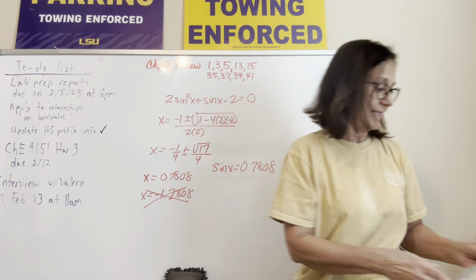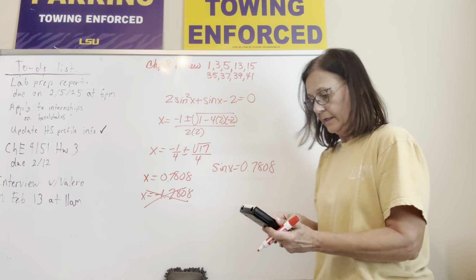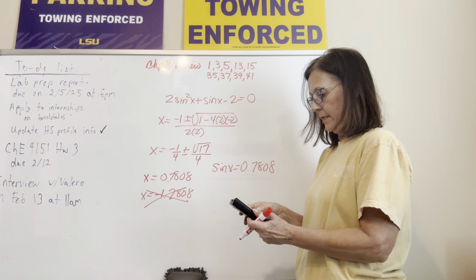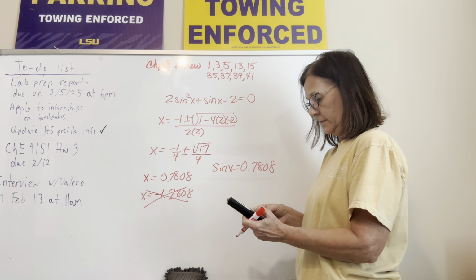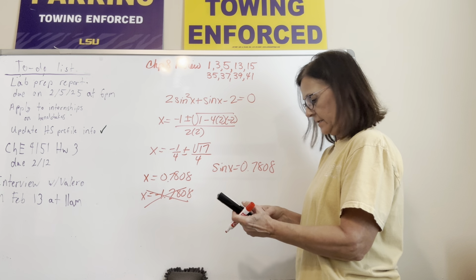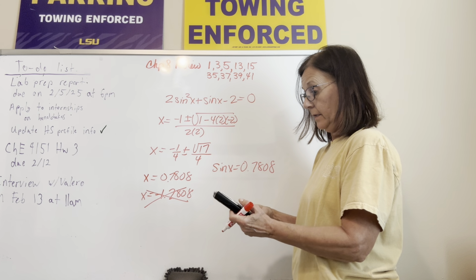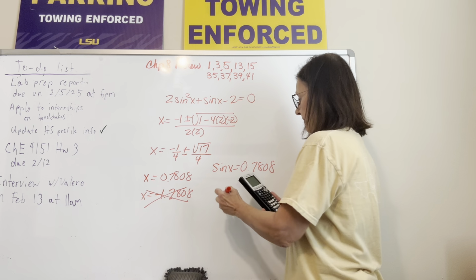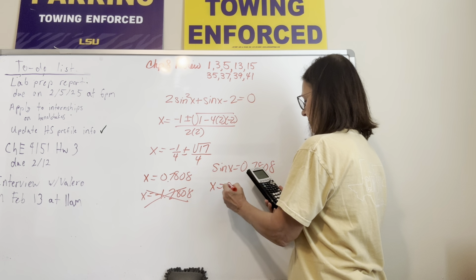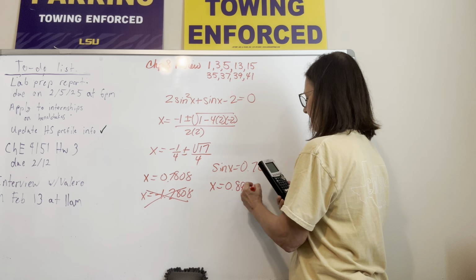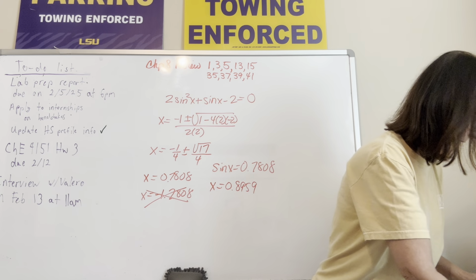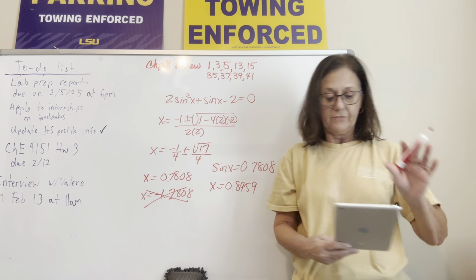Oh, I'm in degrees. Let me make sure I'm in radians. I immediately knew I was in degrees. All right, shift sine 0.7808. So x equals 0.8959.